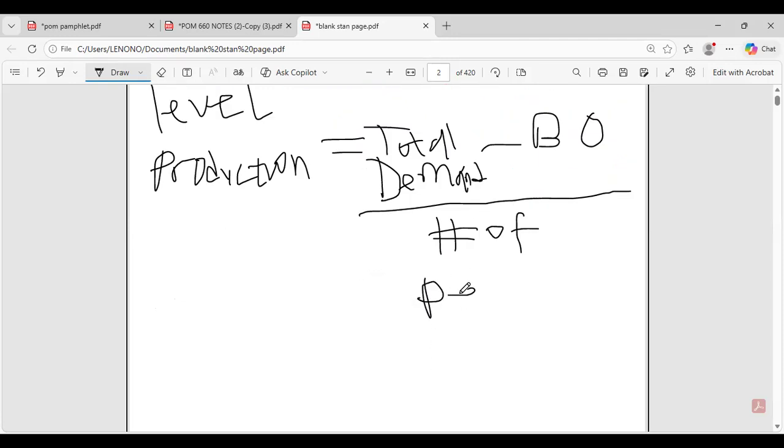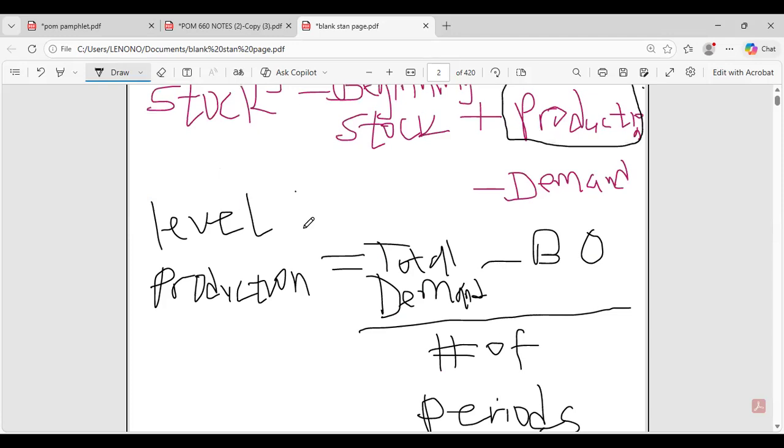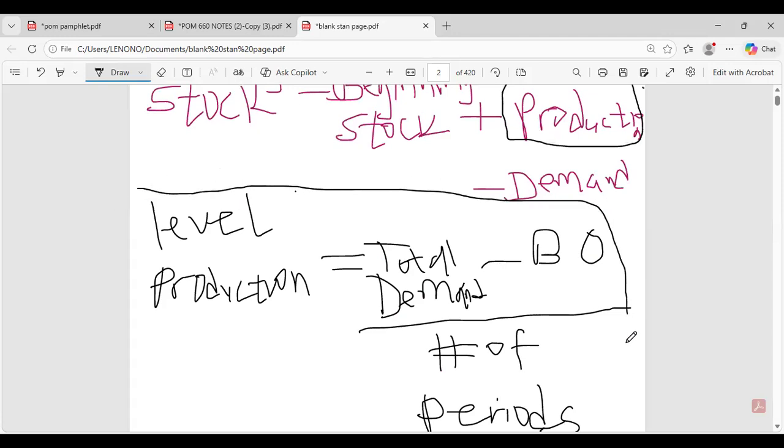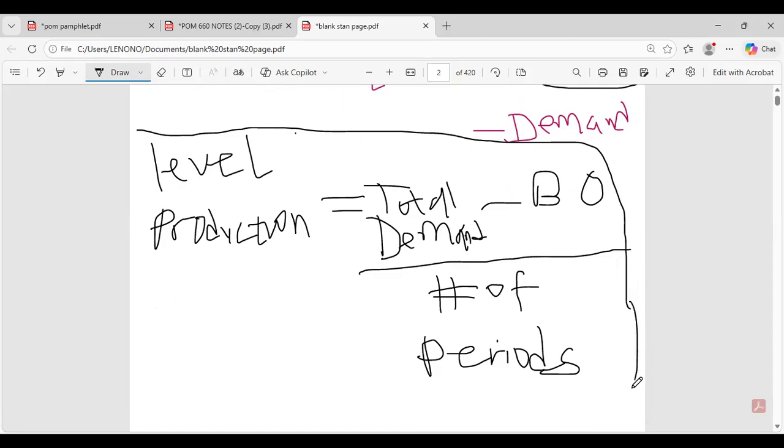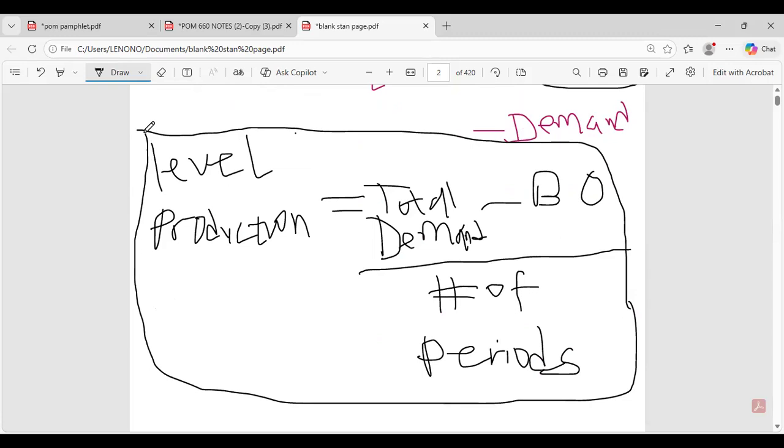Number of periods. You understand what I mean by this one? So this is how you get the level production. Your production is the summation of total demand minus beginning stock divided by number of periods. Is it clear? Okay.